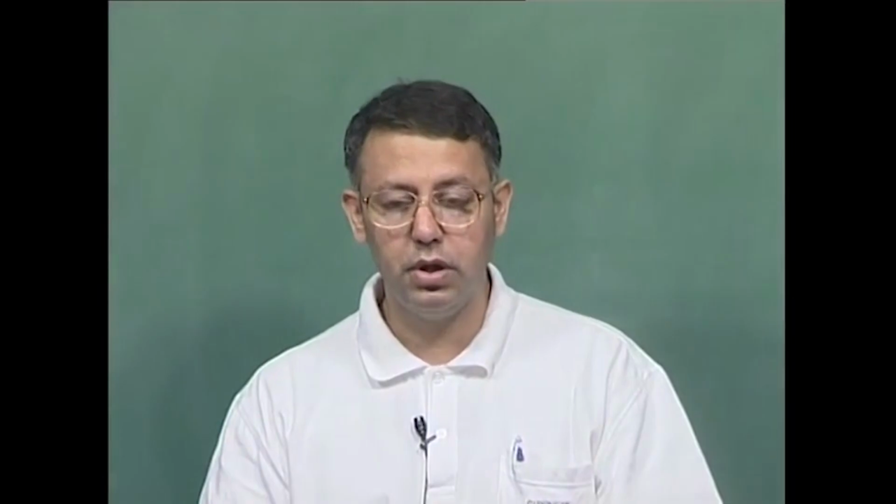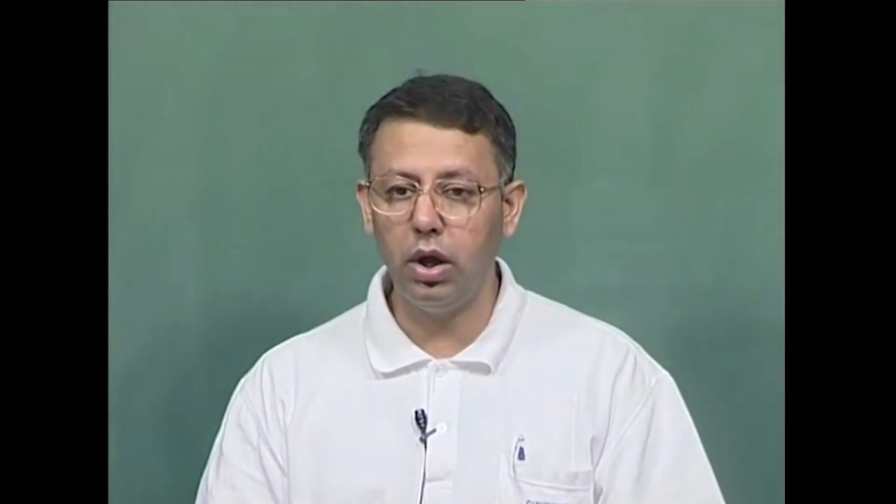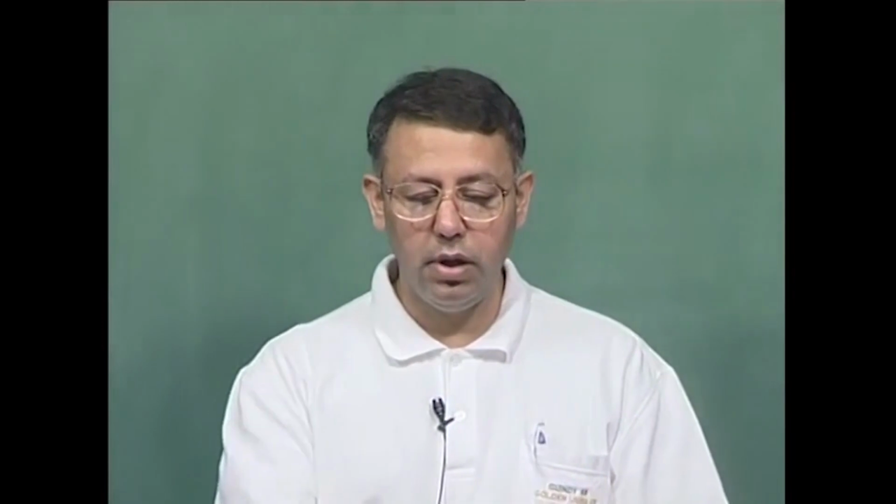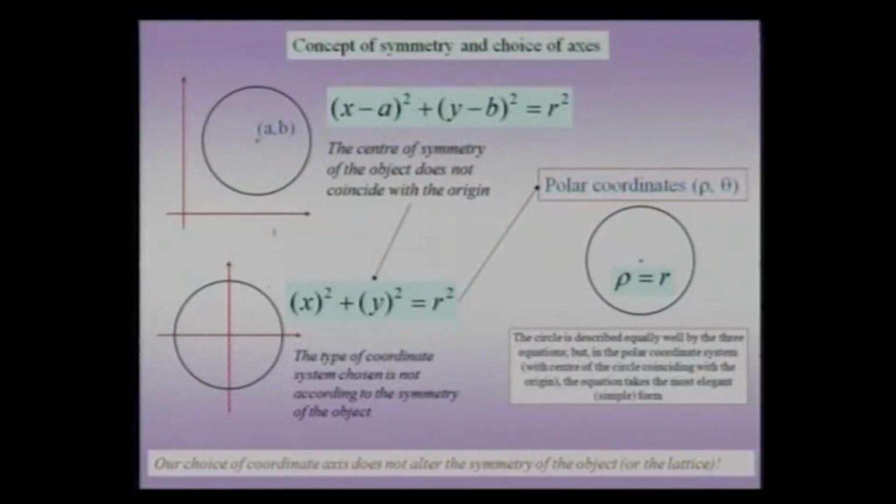So let us consider a circle, and now I will use 3 kinds of axis systems, 2 of them being the orthogonal normal Cartesian coordinate systems, and one will be a polar coordinate system to describe a simple circle, described by 2 Cartesian coordinate systems, the one here on the left and the one below that, and one polar coordinate system.